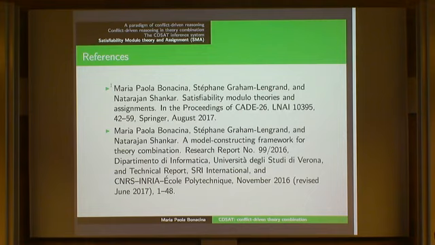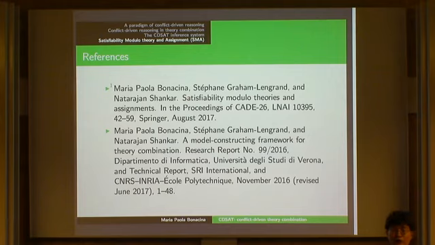Are you assuming stable infiniteness or something stronger? What we assume in the proof of completeness is that at least one of the theories has information about the cardinalities of all the shared sorts. So stable infiniteness is a way to do that.